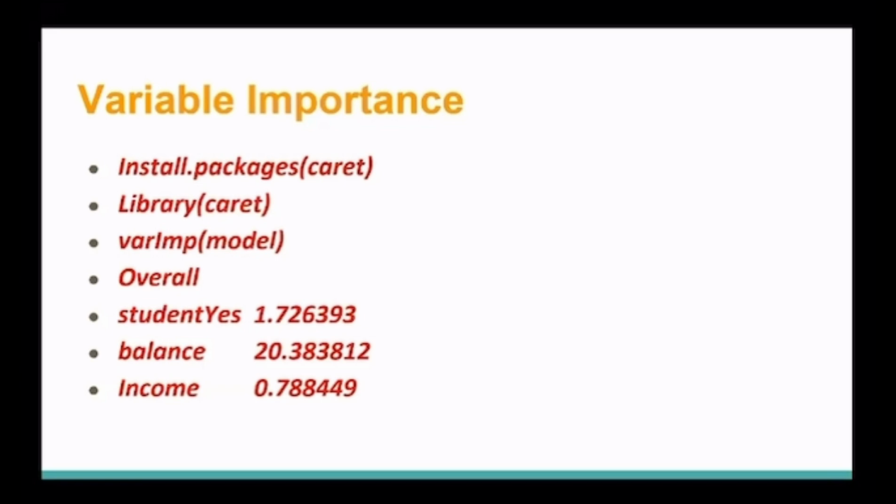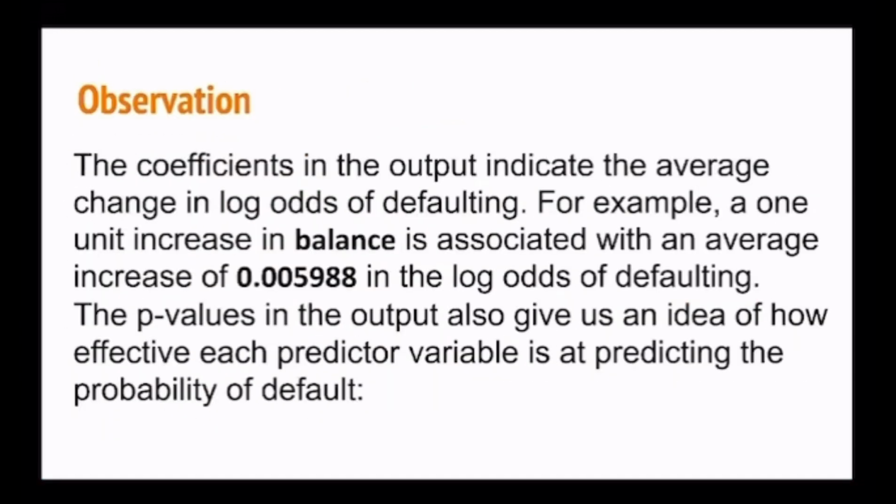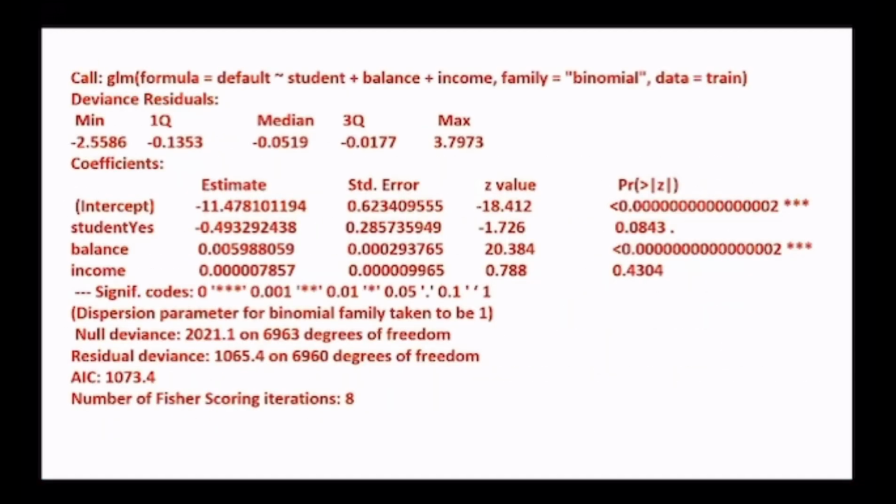The one with the highest number is balance. The balance on your account is the most significant variable that contributes to whether you're going to default or not. And if you go back to the statistical output, you see that balance is significant. It's in agreement, right? So take a look at all of that.